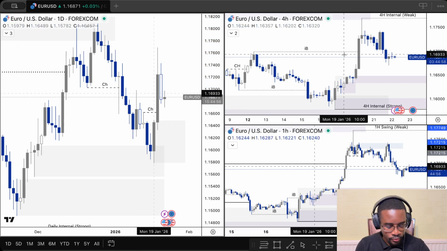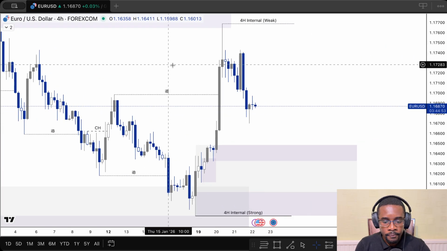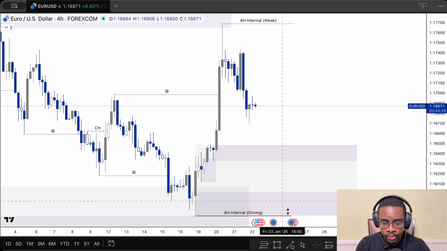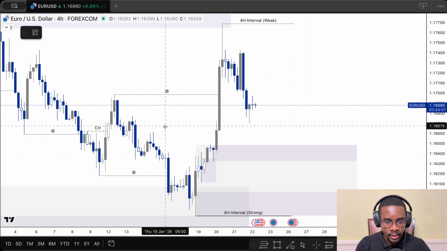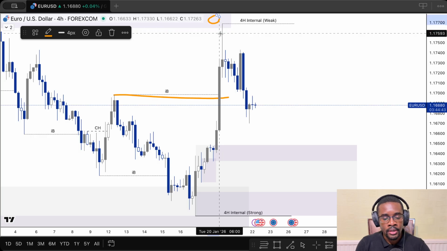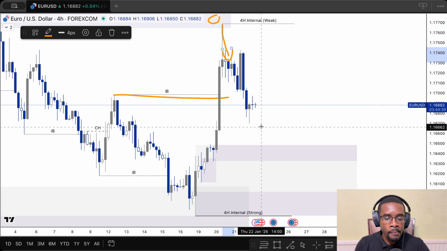And then looking at the 4 hour, we had a bullish break of structure, a bullish internal break of structure. Of course, we mitigated a 4-hour supply, and we have had a strong reaction from there.